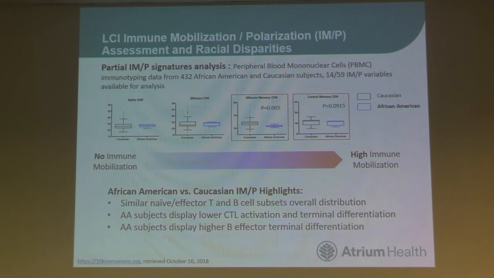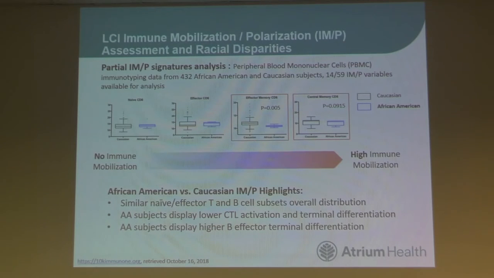Using publicly available data from the 10K Immunome database, we extracted 14 of our 59 variables that were publicly available, and tried to understand if there are natural differences that could explain why one group may fare better when exposed to an immunotherapeutic drug or when diagnosed with cancer. What we found is that for the most part, we are all the same, which is good news.